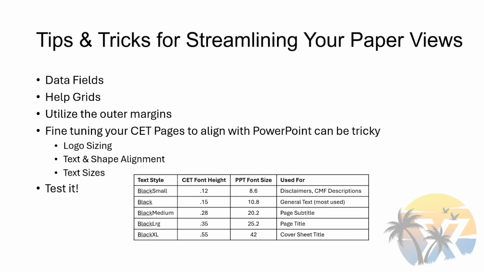But our font size was more of like a size 12 in PowerPoint. So we decided to drop the size to be closer to 10. We're using black here in the table as 0.15 is our new general text that we use most often. And that read a lot better in print.